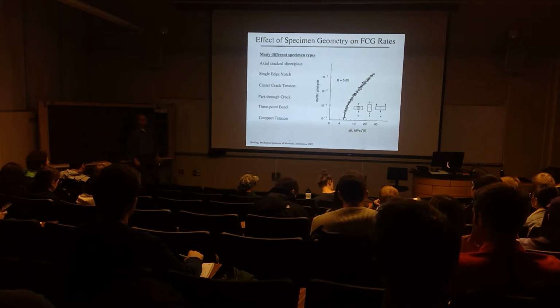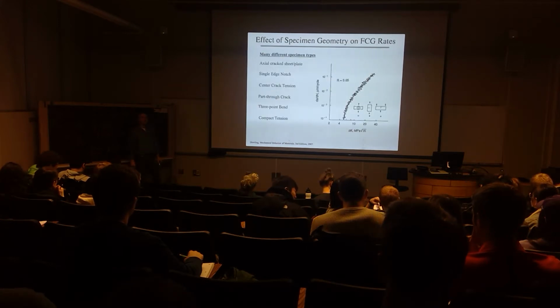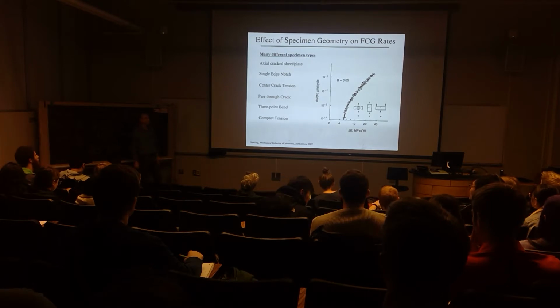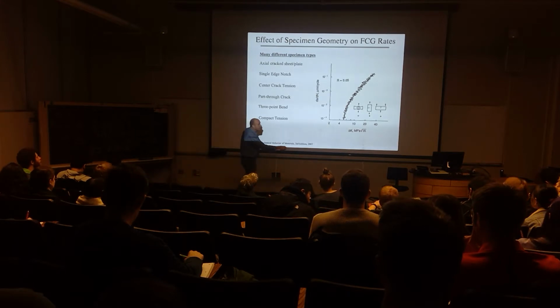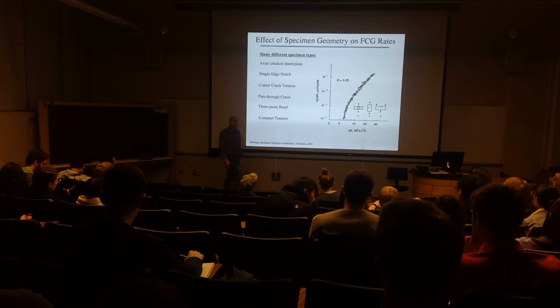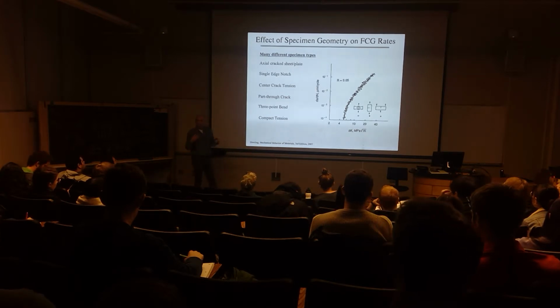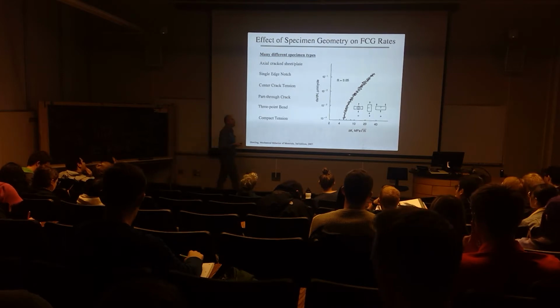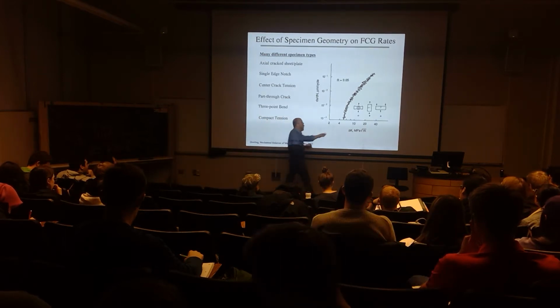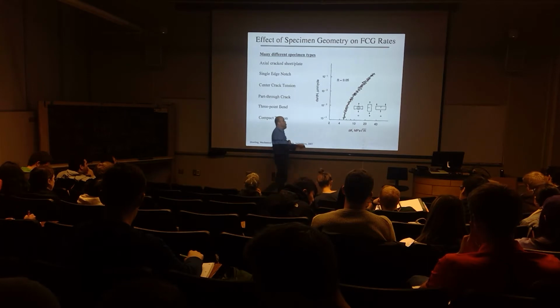So let's say, for example, I want to evaluate the cyclic crack growth within my specimens. I can use what's called the compact tension specimen that's right here. But not all of the materials that I have available to me will allow me to make that kind of specimen. I might want to conduct tests using other kinds of specimen configurations.